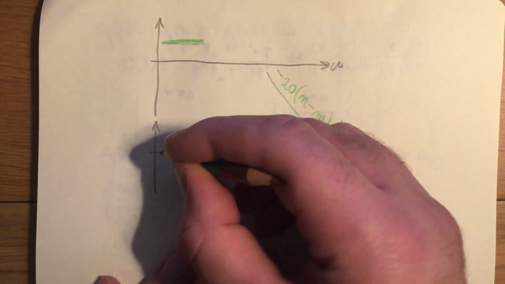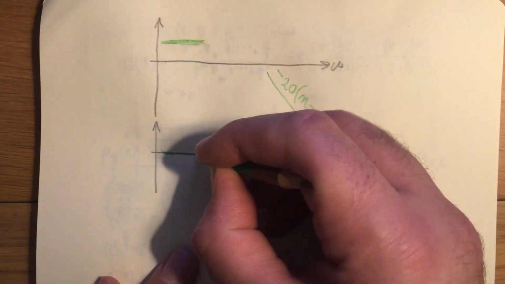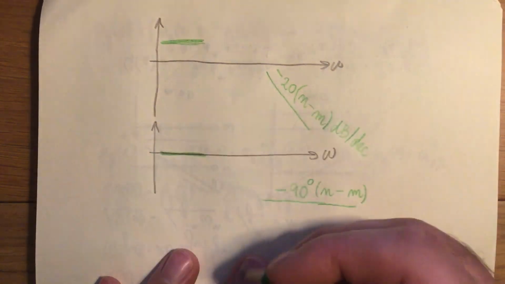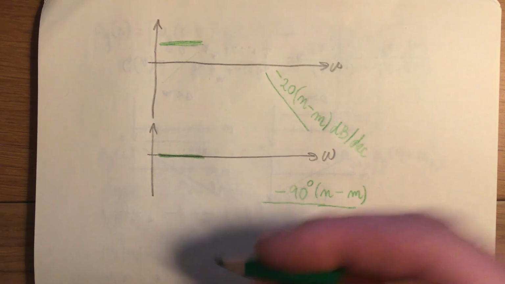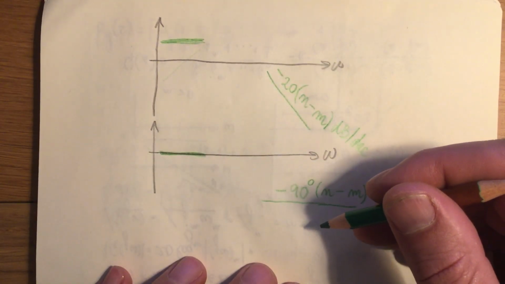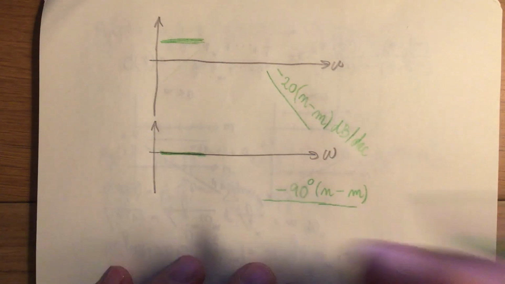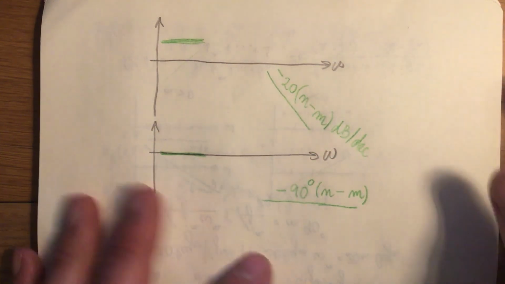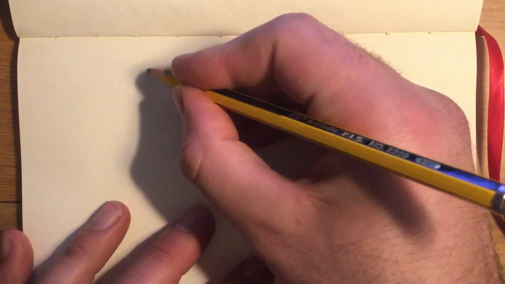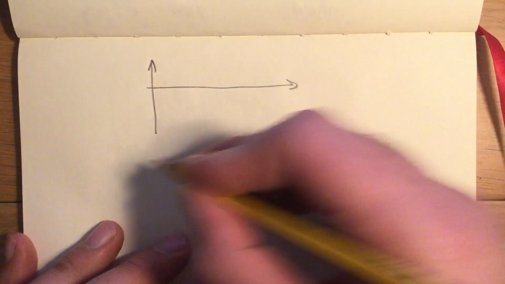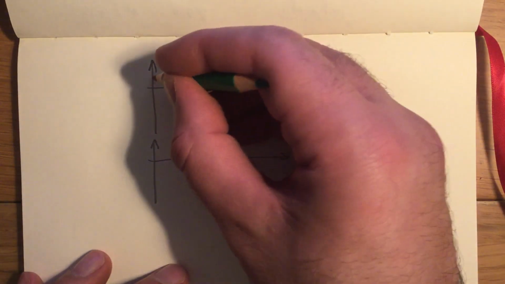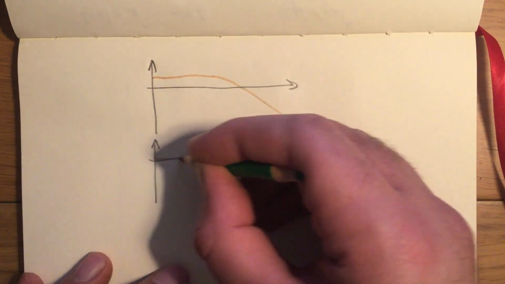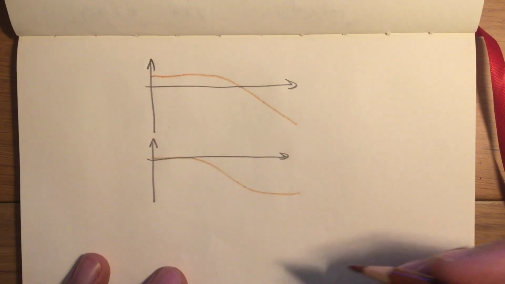As to the phase, it will be either 0 degrees if the static gain is positive, or minus 180 degrees, or plus 180 degrees, which is the same, if the gain is negative. All this you know. And consequently, if you were shown a Bode diagram of a transfer function like this, you will be able to say what the transfer function is.